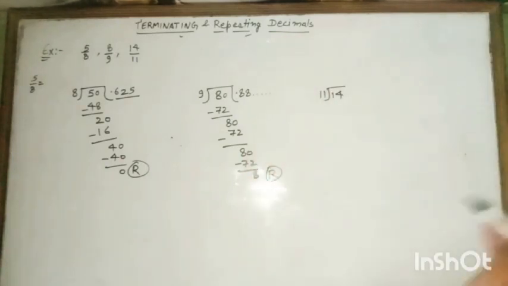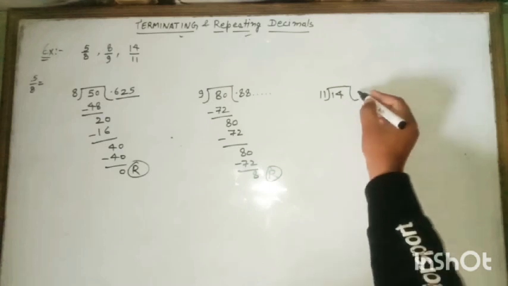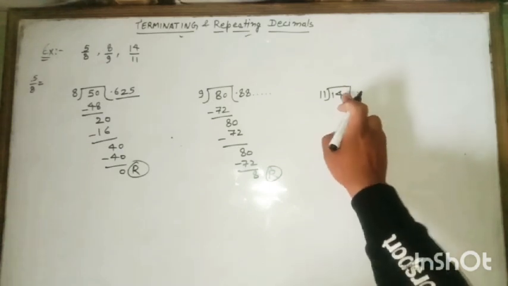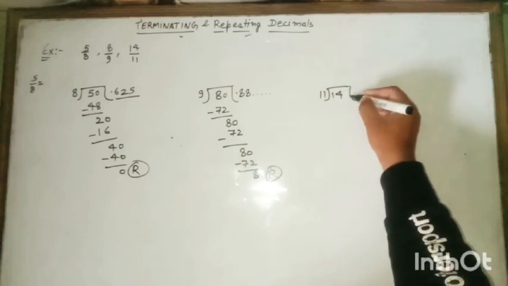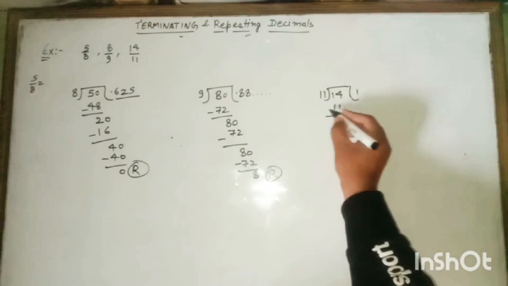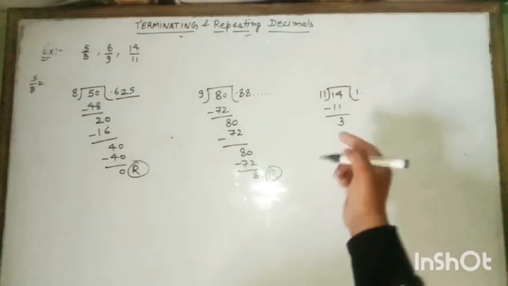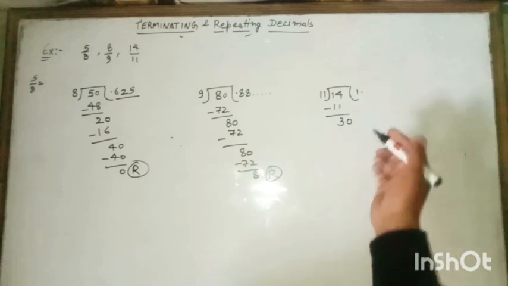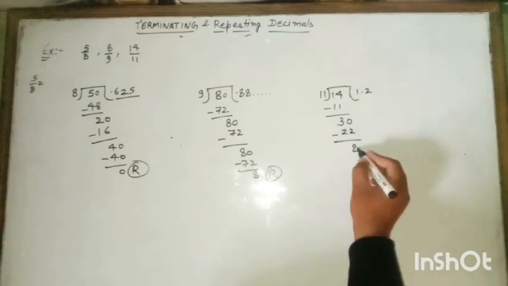Now for this one, 11 divided into 14, it is not divisible, so we place the point here. 11 times 1 is 11, and subtracting, the remainder is 3. Then 30 will become, 11 times 2 is 22, and the remainder is 8.